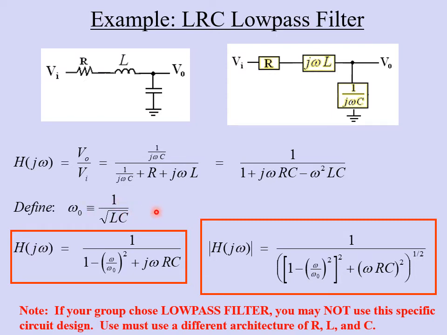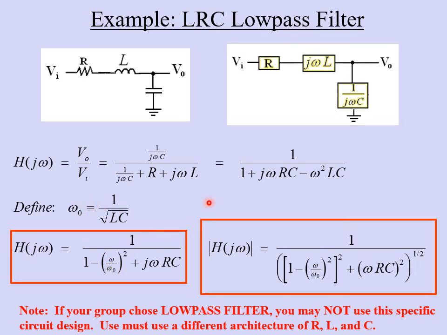And so what we can do here is replace omega squared with 1 over LC. Actually, LC right here becomes 1 over omega naught squared. I should have said it that way. So if we square both sides here, you can see that LC is equal to 1 over omega naught squared.